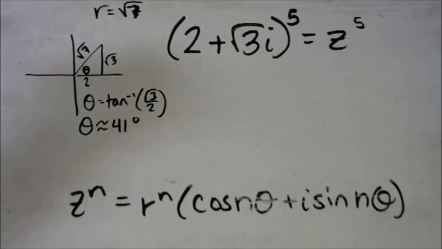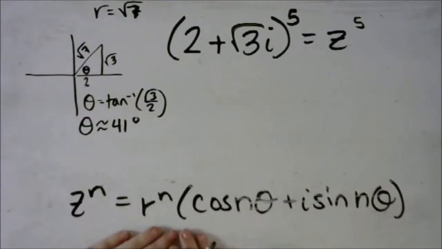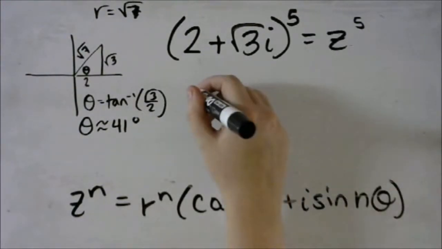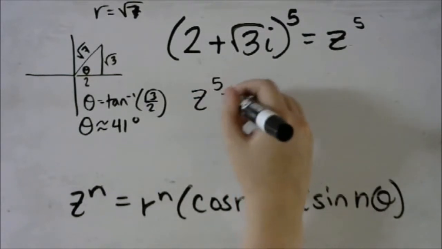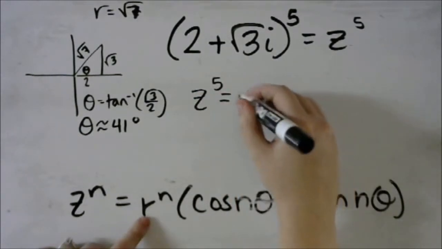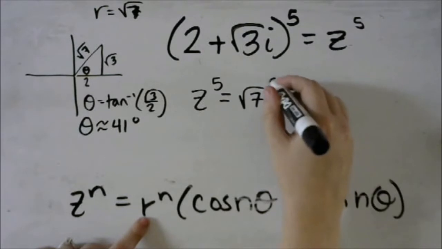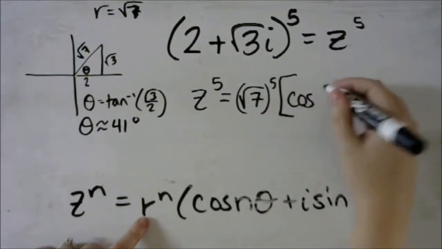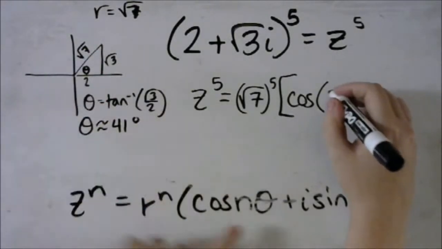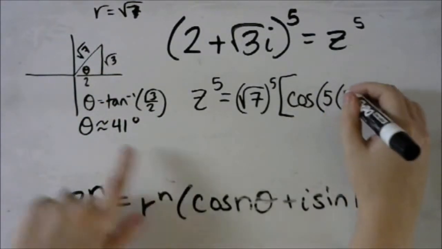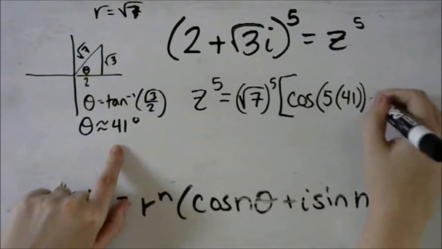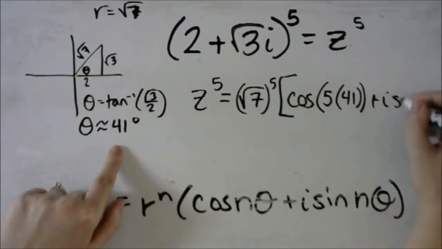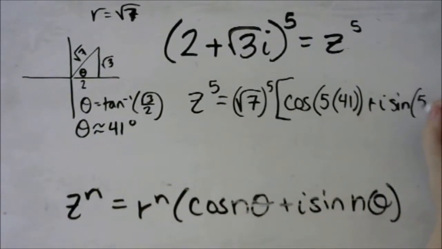Now that we know r and theta, we can go ahead and use de Moivre's theorem. z to the 5th power is equal to rad 7 to the 5th power times cosine of 5 times 41 plus i sine of 5 times 41.